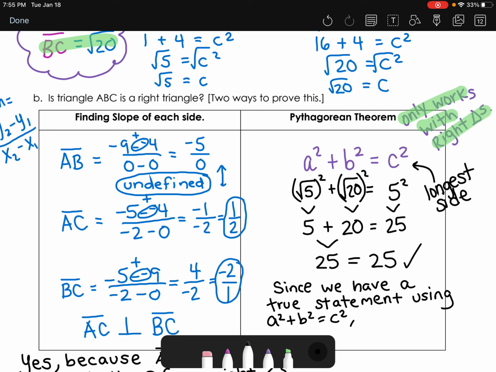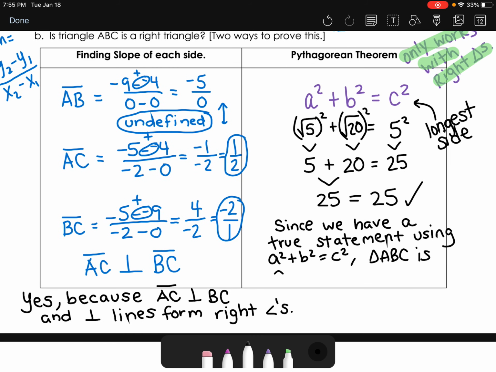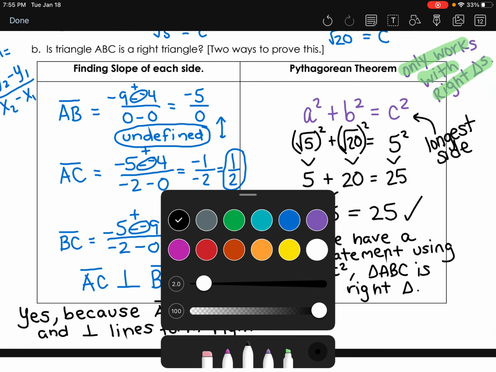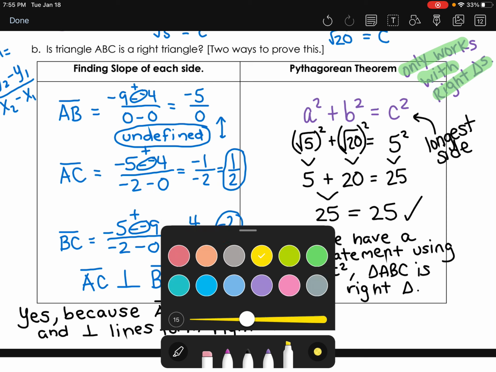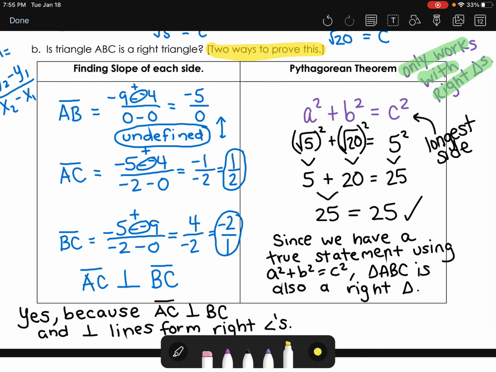Using a squared plus b squared equals c squared, triangle ABC is also a right triangle. Hopefully you can write a little bit neater than I am on my iPad right now. But there you have it, guys. I wrote it at the top in the question. These are 2 ways of proving that something's a right triangle.